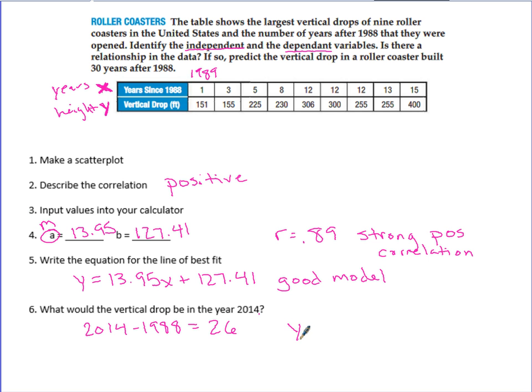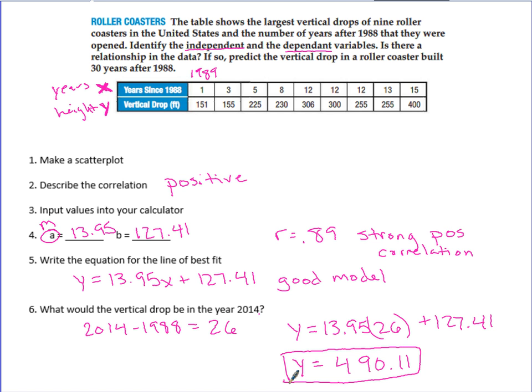So I have y equals 13.95 times 26 plus 127.41. When I do that math, I get 490.11. So according to our equation, we are predicting that in 2014, the vertical drop for the roller coaster would have been 490 feet.